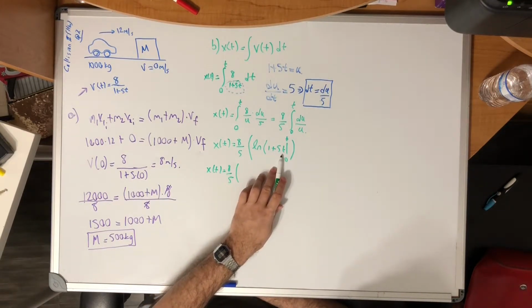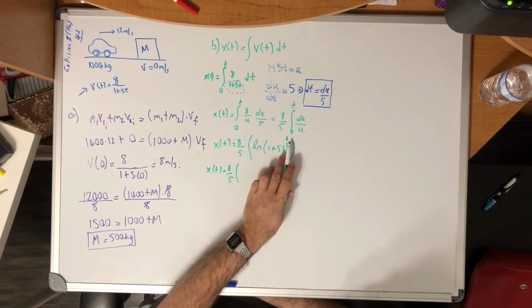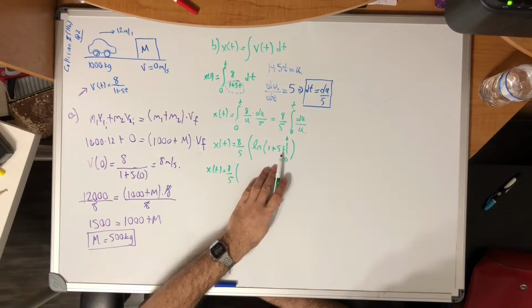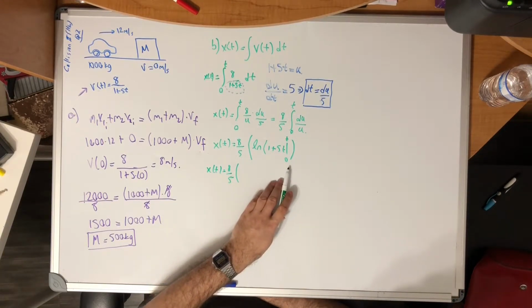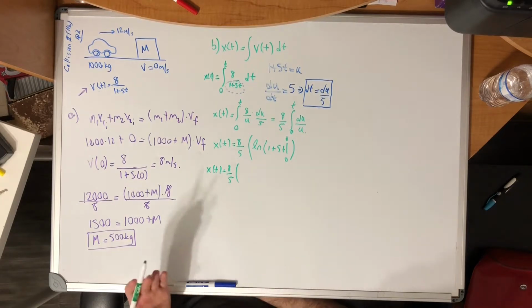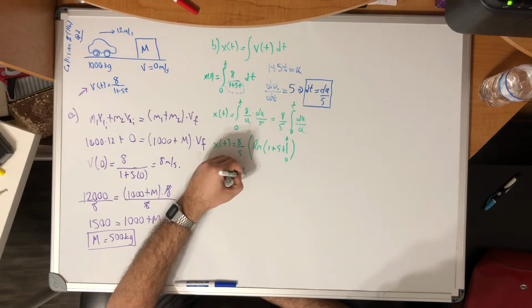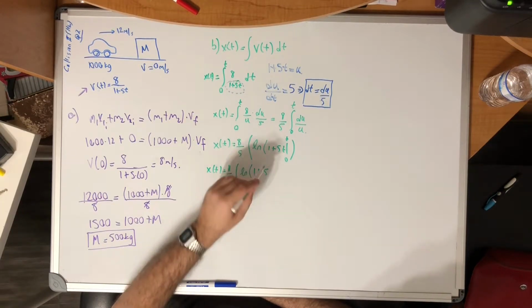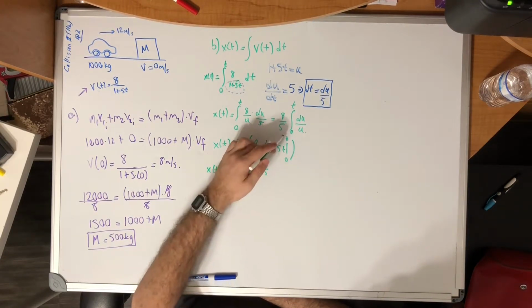My variable in this equation is t. Replace this variable with the upper boundary, and you replace this variable with the lower boundary, and then get the difference. So ln 1 plus 5. I'm going to replace my variable with the upper boundary.